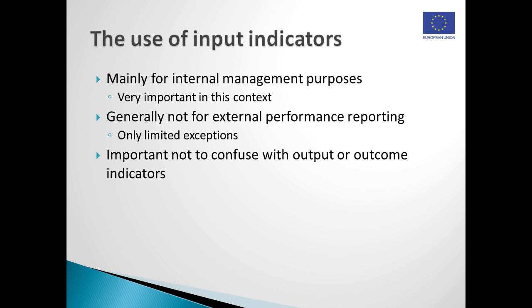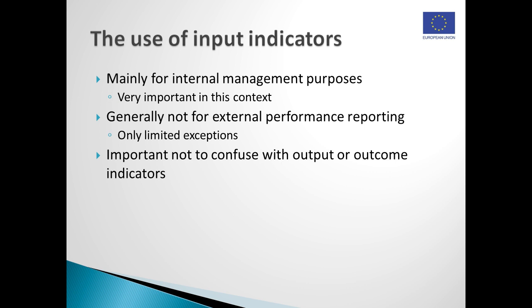And that is that these indicators are mainly useful for internal management purposes. In other words, they're useful for the leadership of ministries and agencies to monitor and manage internal performance. By contrast, input indicators are generally not appropriate for external performance reporting. In other words, when the ministry reports its performance to the public, to the political leadership, or in the budget.